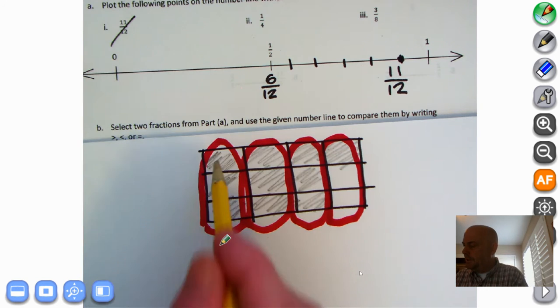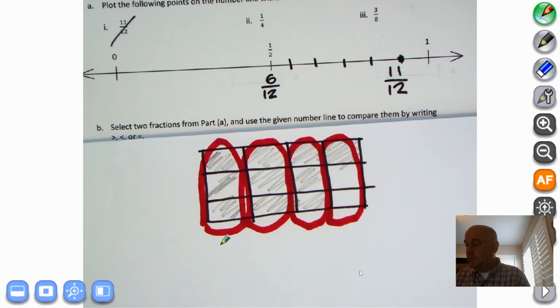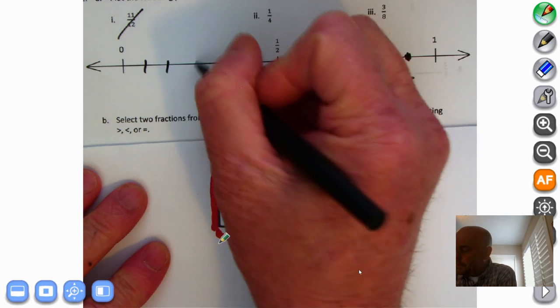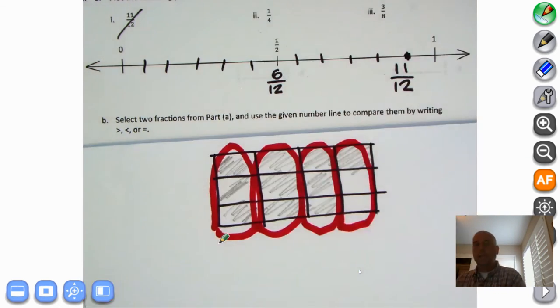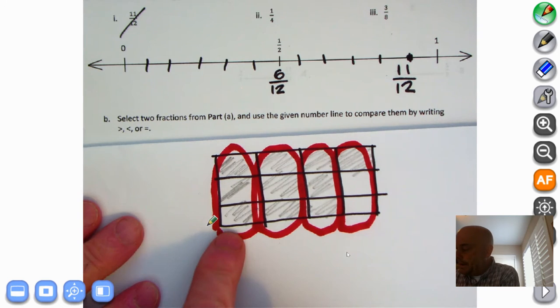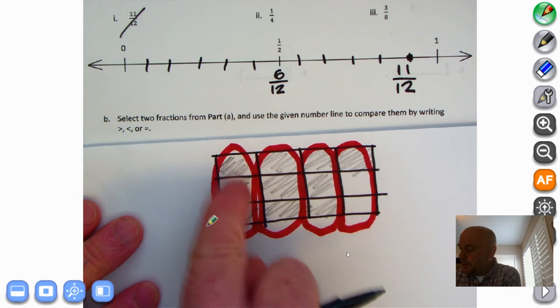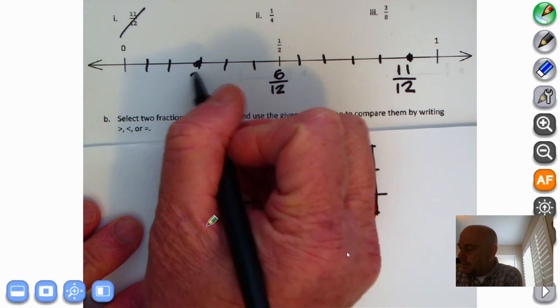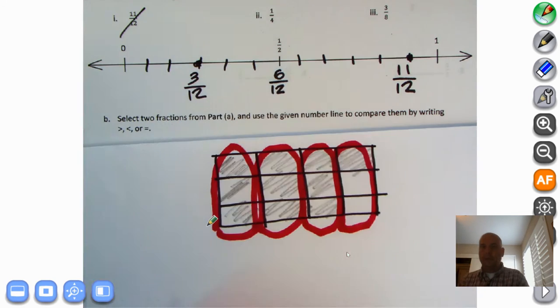There's 1, 2, 3 out of 12, so it would be 3/12. Then, thinking about half being 6, we can go 1, 2, 3, 4, 5, and 6. So we have 1 out of 4, 1/4 is equal to 1, 2, 3 out of 12. So I can go 1, 2, 3, 12ths right here.